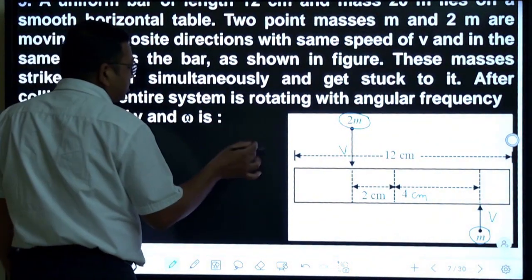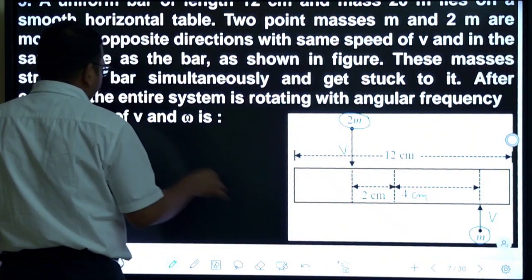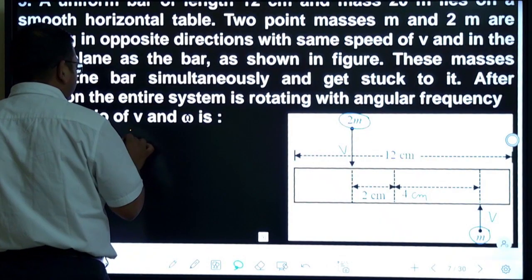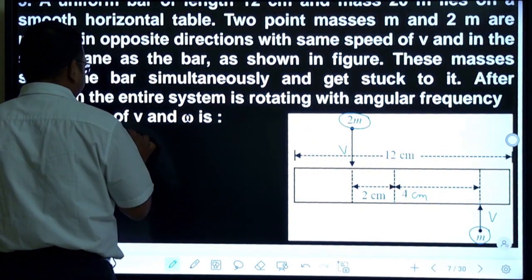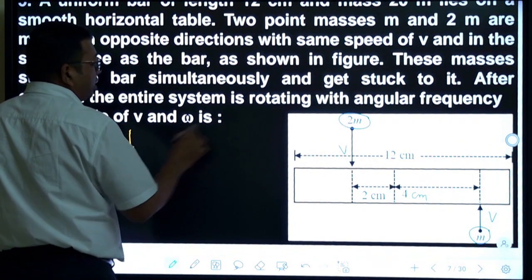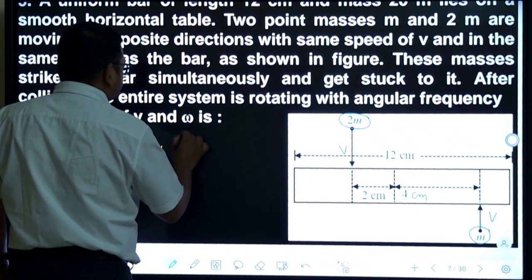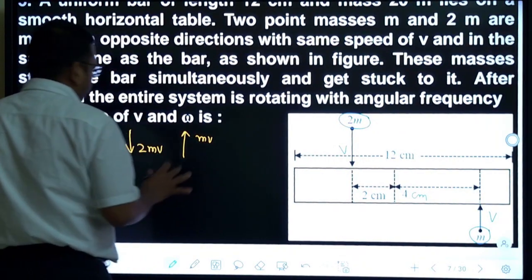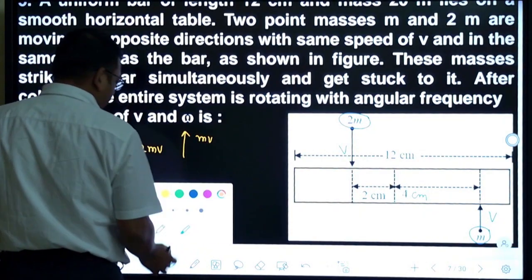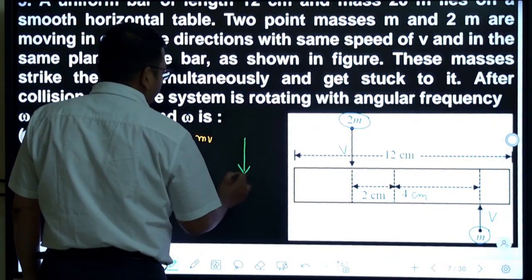Linear momentum of the system, if I calculate, they are going in opposite direction. So what is the downward momentum? Mass 2m into v, and upward momentum m into v. So there is a net momentum. You can see that there is a resultant momentum.